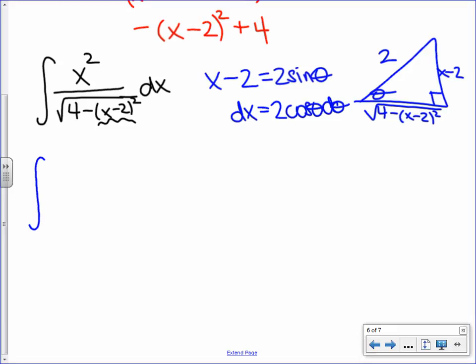First of all, we need to replace x squared with (2 sine theta plus 2) squared.